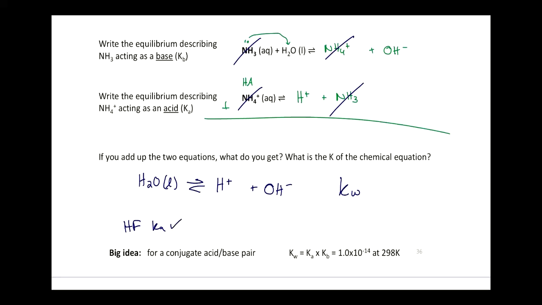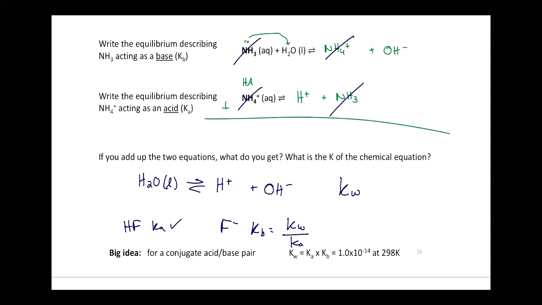If I tell you Ka is 1 times 10 to the negative 4 or something, if you wanted the Kb for F minus, you just have to use Kw to get it. That Kb for F minus is simply going to be Kw, which is already a number you know, 1 times 10 to the negative 14, over the Ka that you know. So that's how all of this comes together.